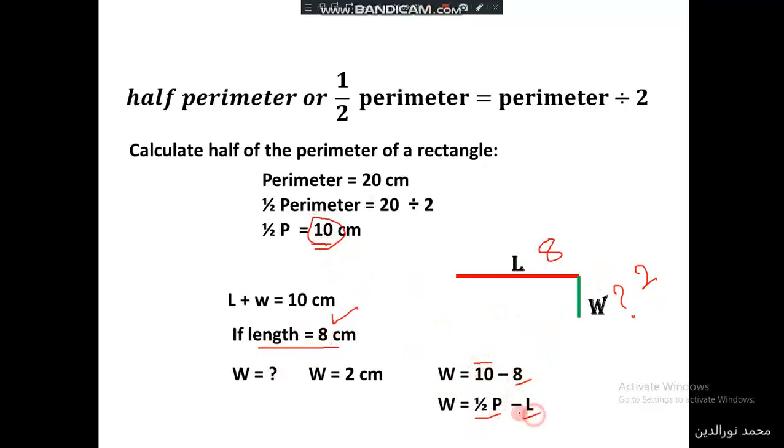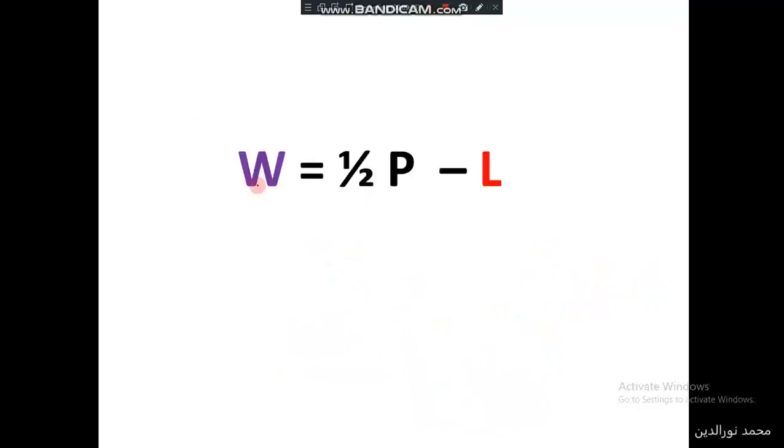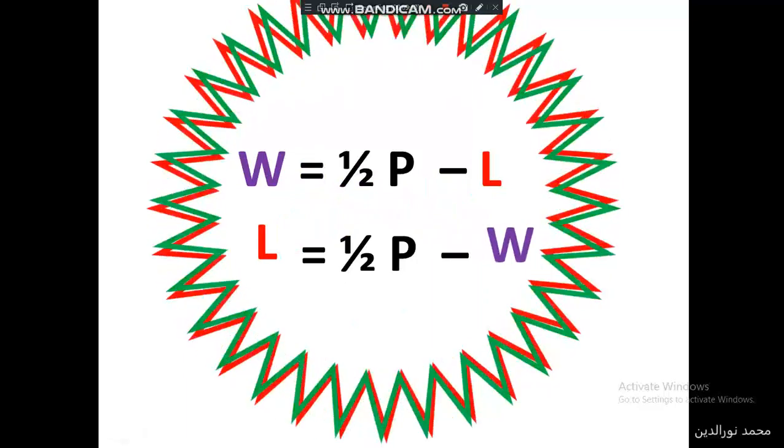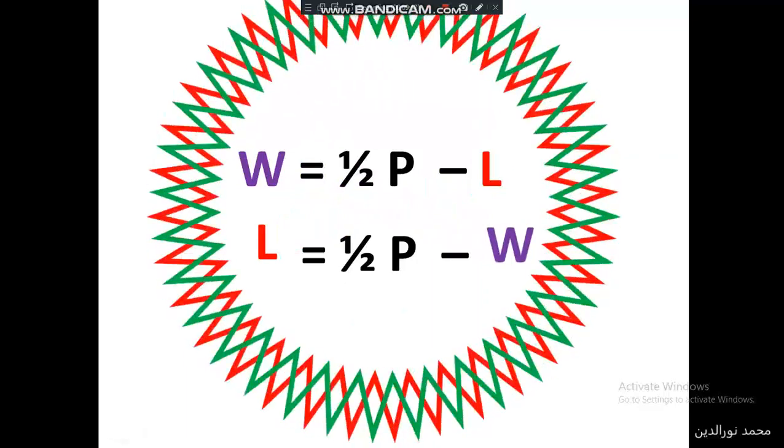So we say that width equals half perimeter minus length. And we could also say that length equals half perimeter minus width. So these are two important rules.